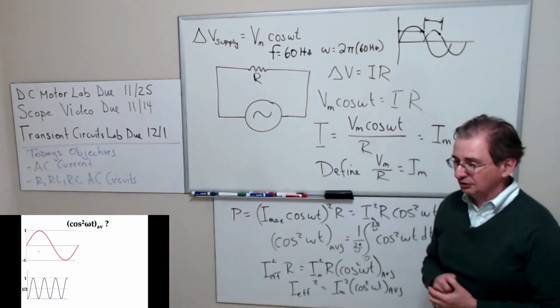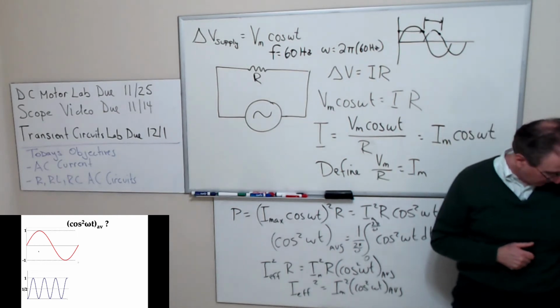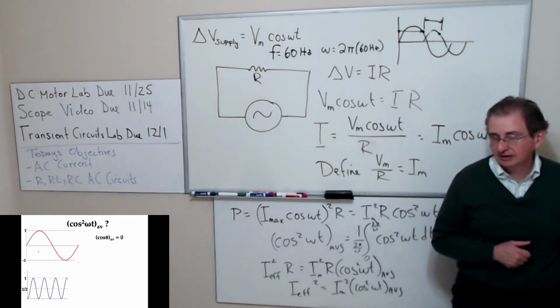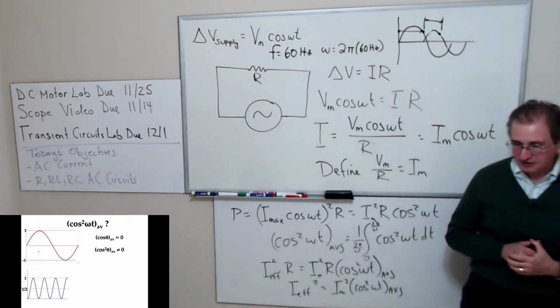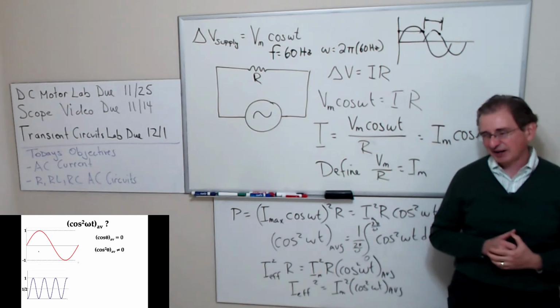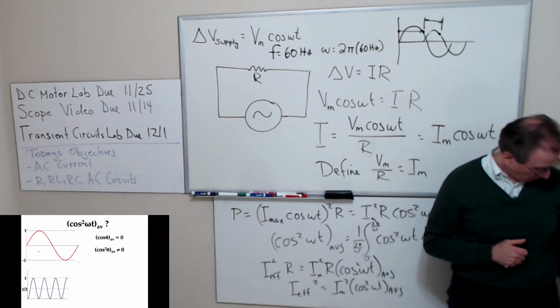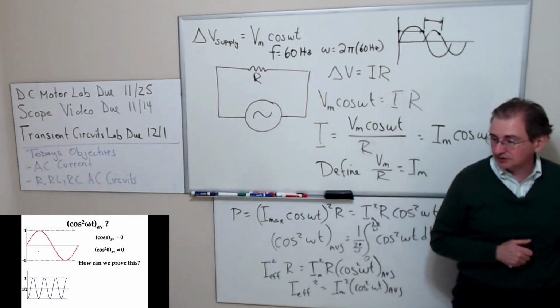We know that the average of cosine is 0. And we know that the average of cosine squared is not 0, because that function is always positive. How about if I rewrite cosine squared and then take the average?